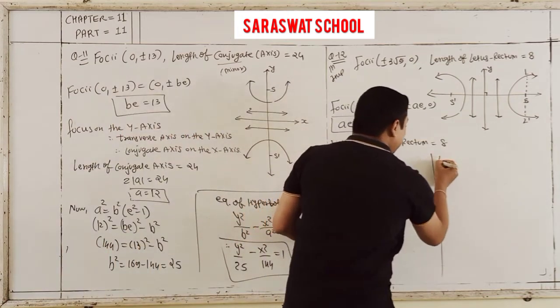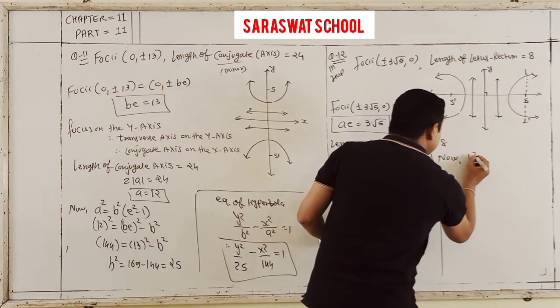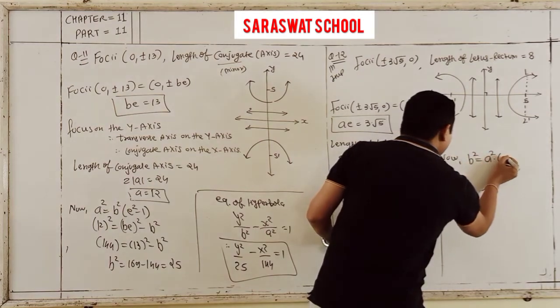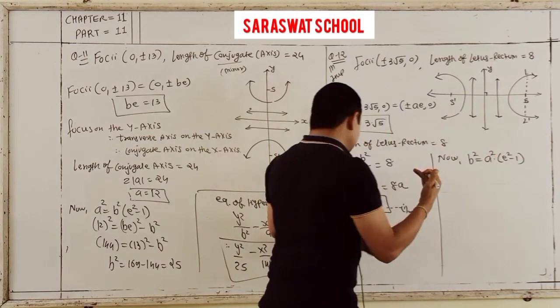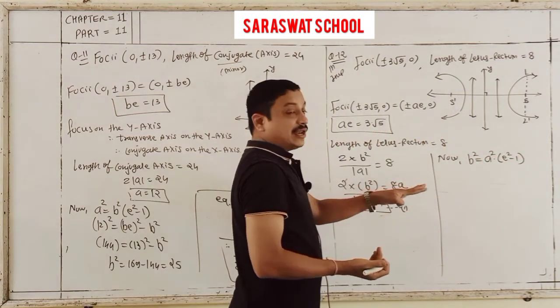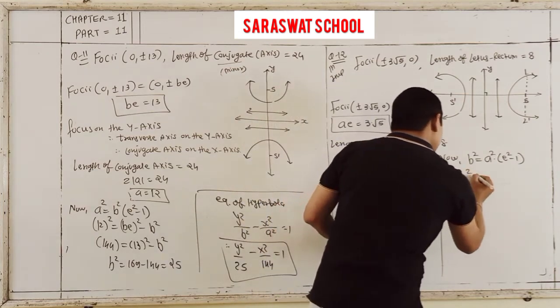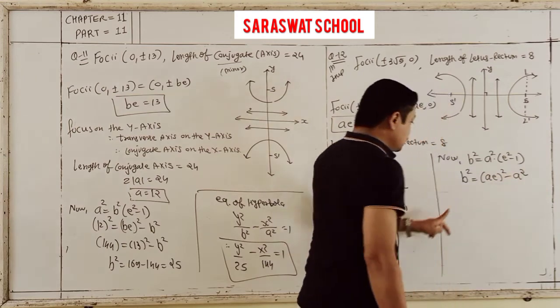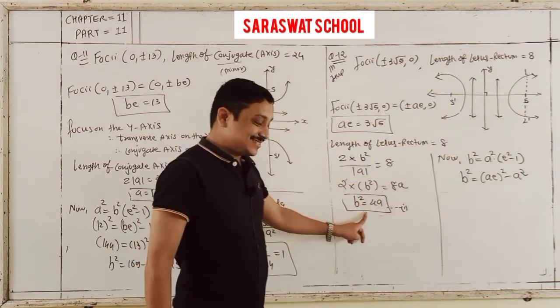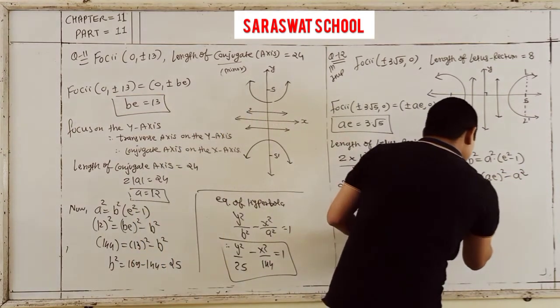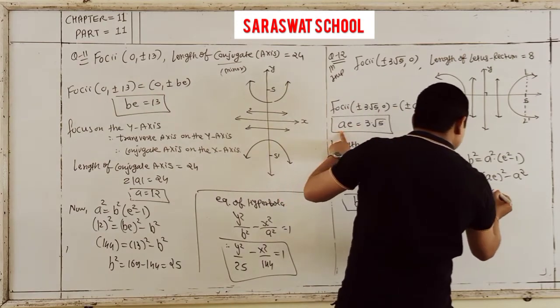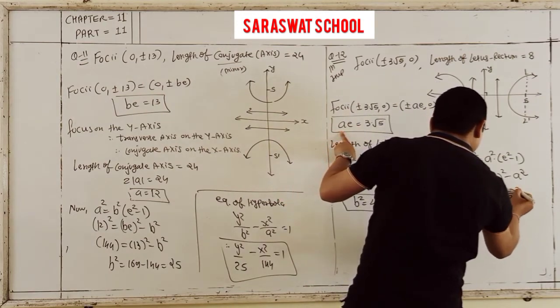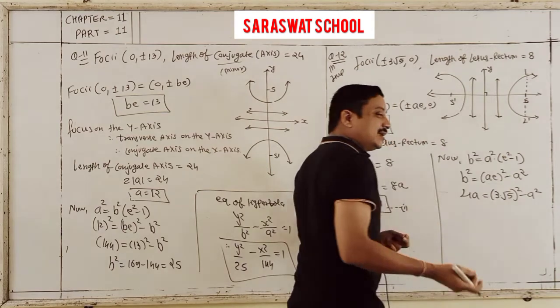Yes, now b square is equal to a square minus 1, and systematically apply your values inside. Here a square minus a square, that b square means this 4a. A becomes here 3 root 5, square and a square, simply calculate.